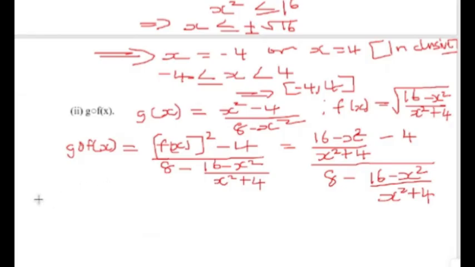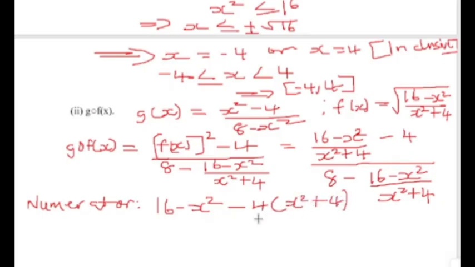For the numerator, we simplify as follows. So I'm going to have 16 minus x squared. Okay, at a go, we see that the LCM here will be x squared plus 4. So I can come here and simply say this is 4 times x squared plus 4, everything divided by x squared plus 4.